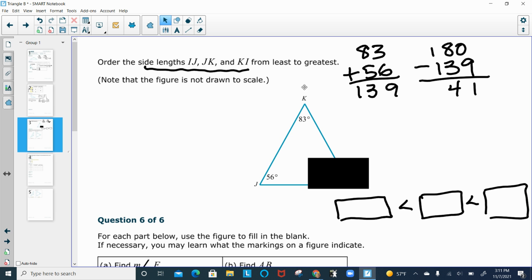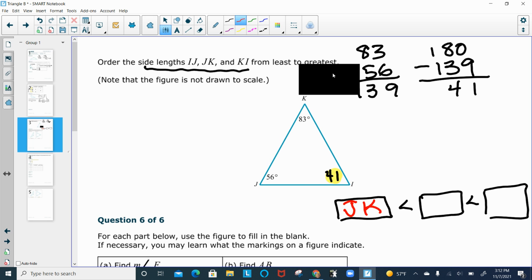And if we look right over here, you can see that K to J or J to K, this one right here, is peeking out at me. So that's the one that we're going to write in the box. So let me grab a different color. We're going to put JK right there. And what that's saying is that this side right here that is opposite from the smallest angle is the smallest side.